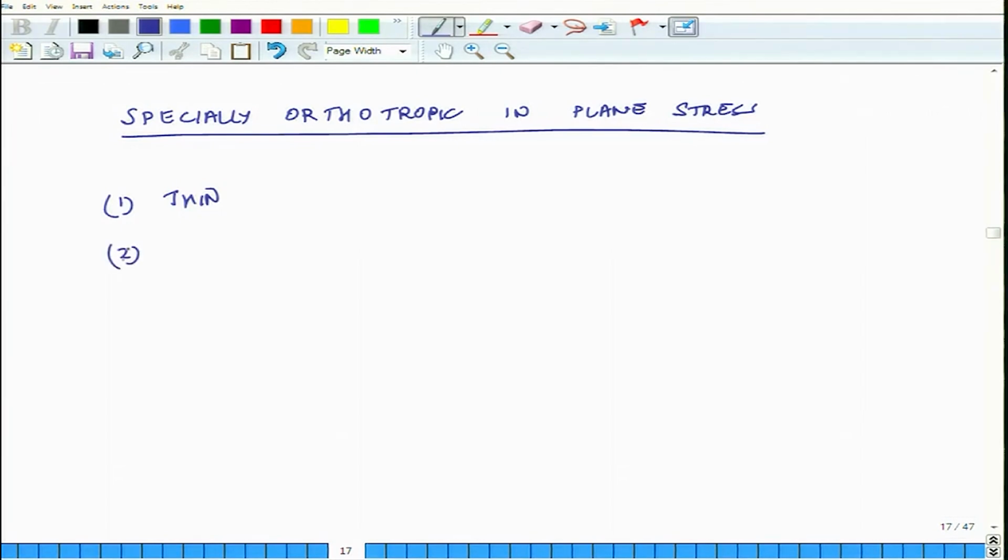Second is it is in a state of plane stress, and so suppose this is the material, and because it is thin, this dimension is not large. Suppose this is my loading direction 1 and this is 2, it is especially orthotropic. Let us say fibers are aligned with the 1 axis. So, 1 axis is same as the material axis L, and this is same as that axis T. So, fibers are aligned with one direction, it is thin, and it is in plane stress.